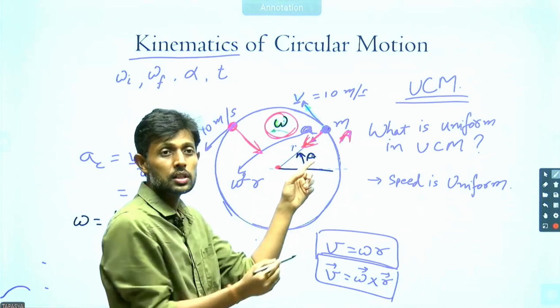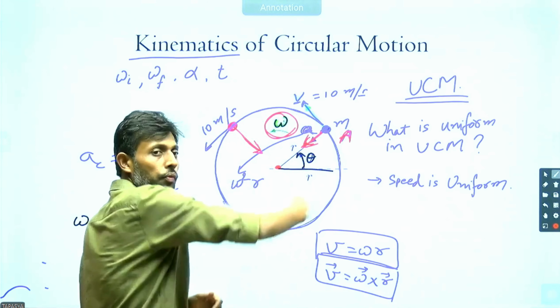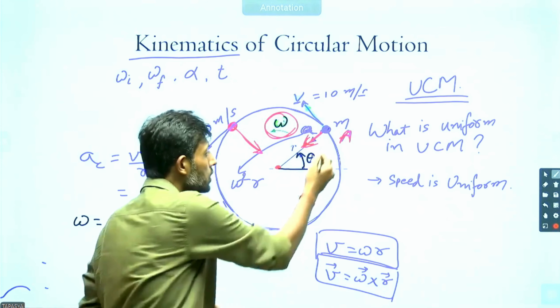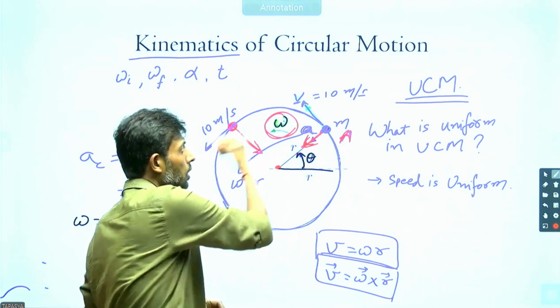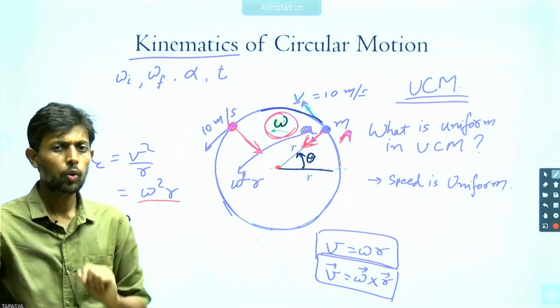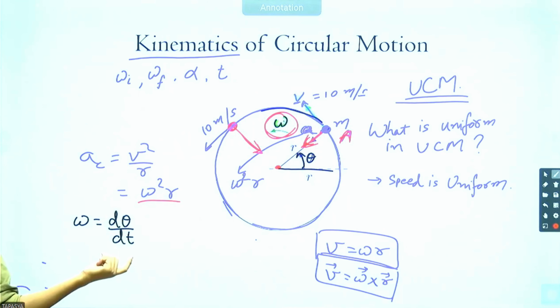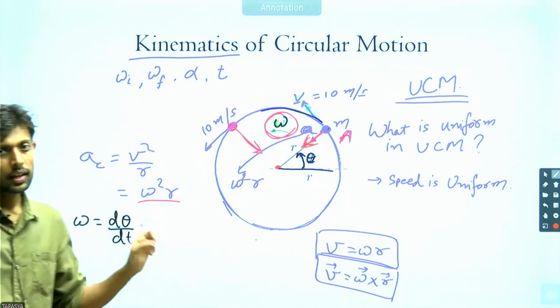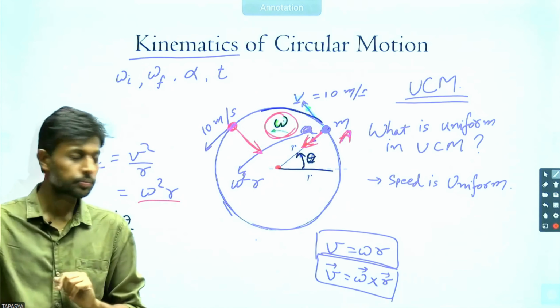If this angle is changing very fast, that means this object is going very, very fast, and the value of omega would be high. If this is going slowly, then the value of omega would be lower. So the rate of change of angular displacement, which is denoted by theta, is called angular velocity.